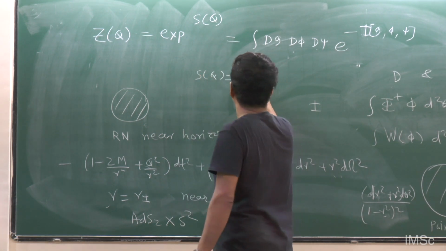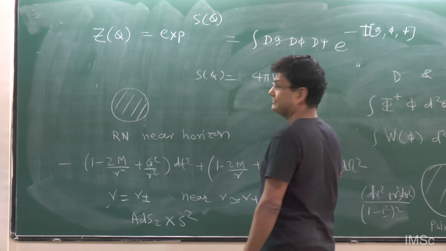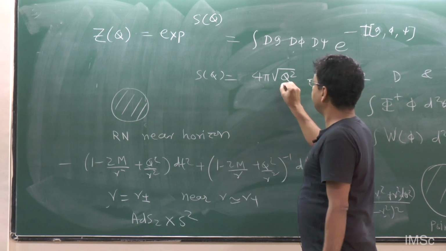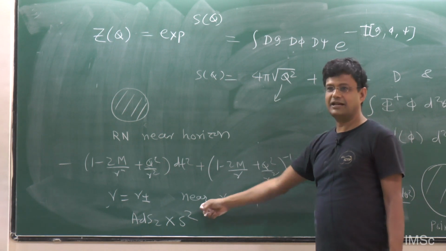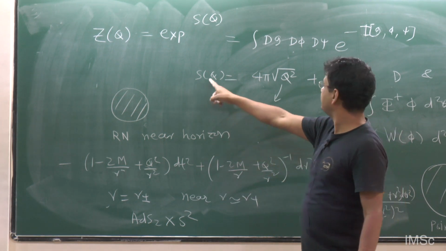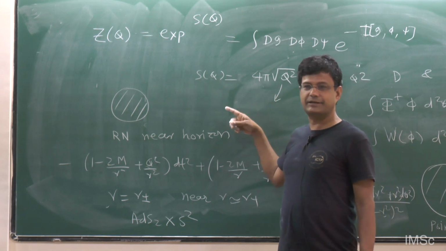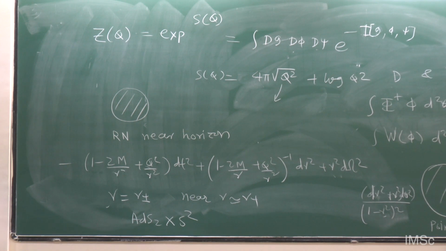Very concretely, it will start looking like 1 upon 4 pi q square plus log of q square. You check that this is actually the area of the black hole in the large q limit. But otherwise it's a very complicated function of q.